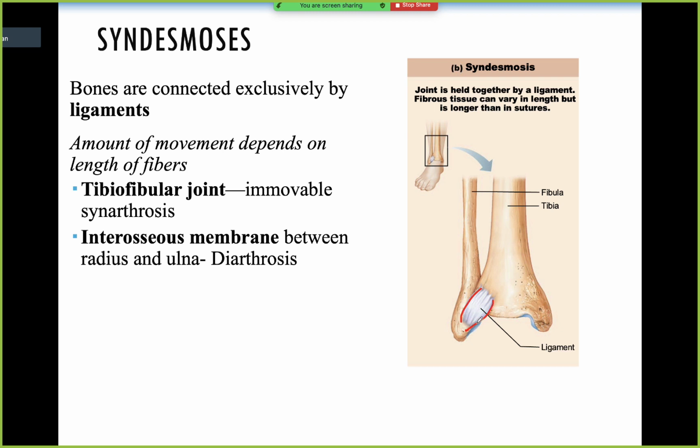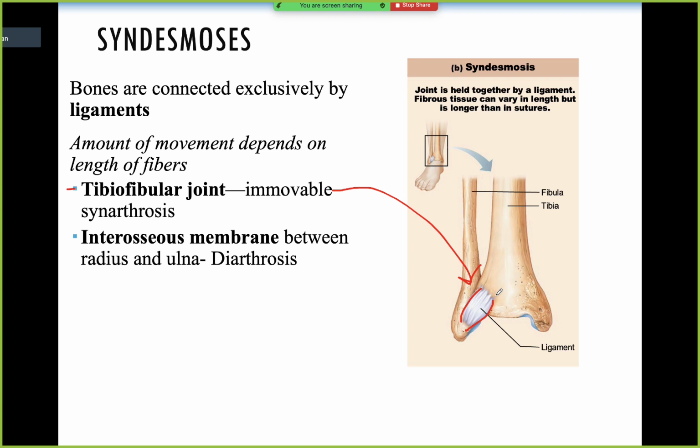Of course, the longer the ligament is, the more movement you're going to have between the bones. There are two specific examples that I want to give you of syndesmoses. Number one, the tibiofibular joint. That is this picture right here. This is a very short ligament, and it creates an immovable joint.